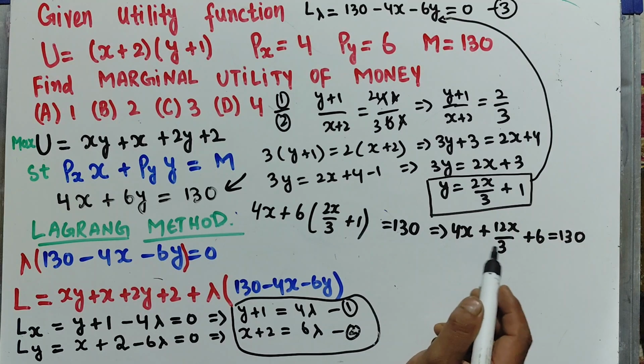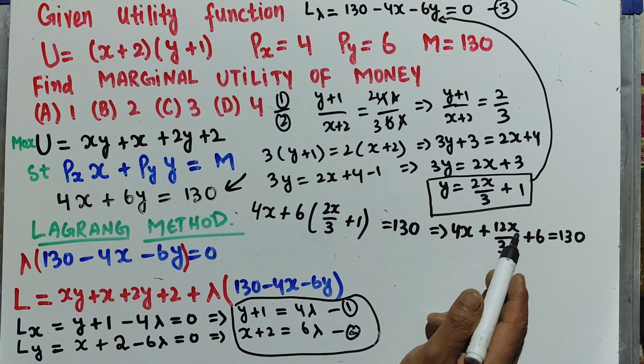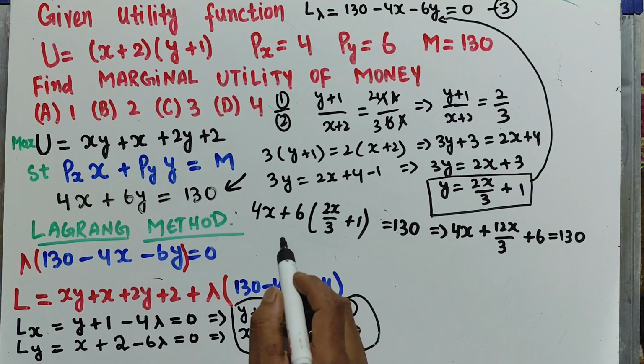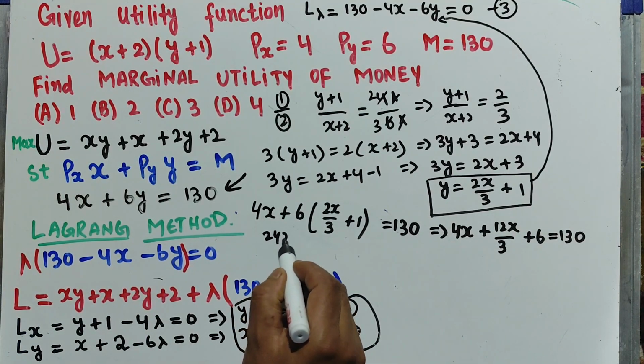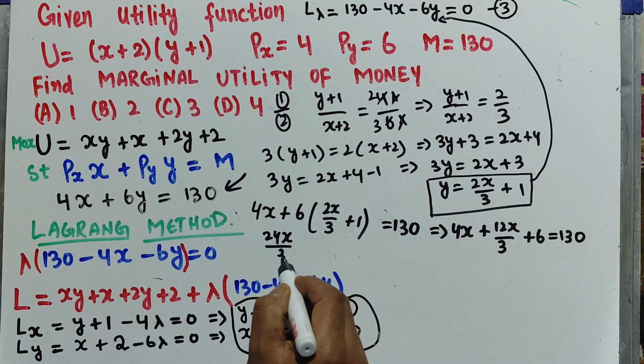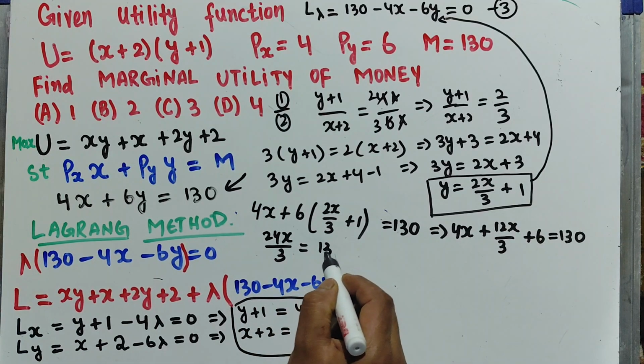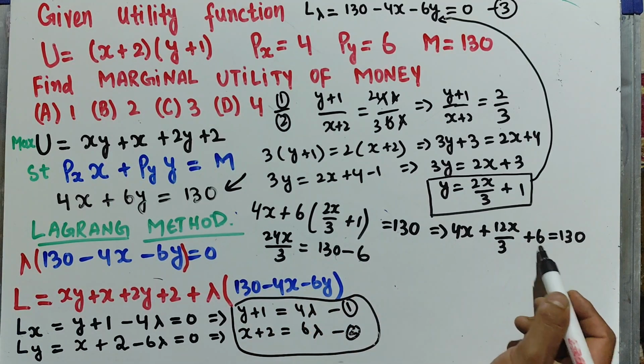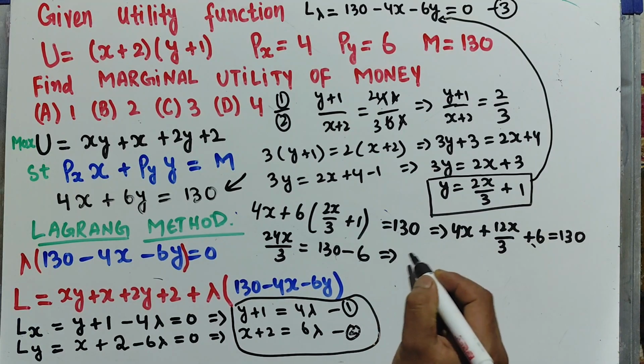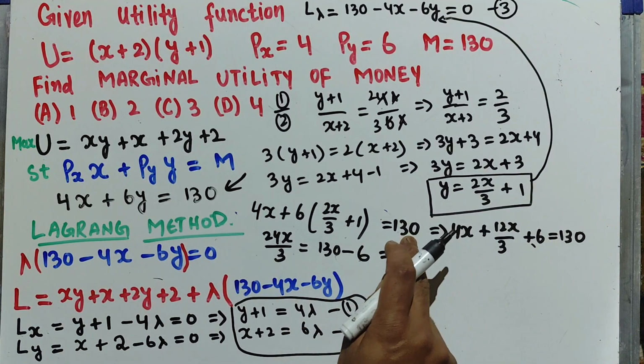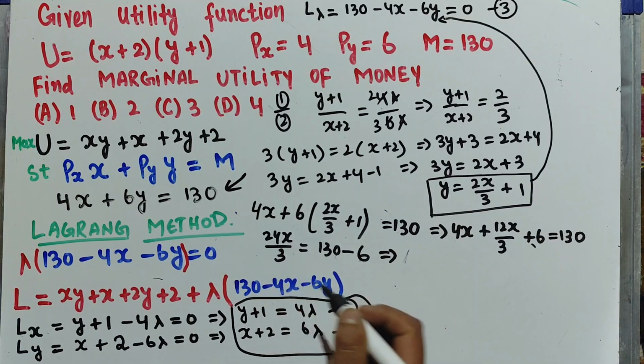4 3s are 12, so we get here 12x plus 12x is 24x, so 24x upon 3 is equal to 130 minus 6, transposing this, it gets subtracted, which implies 24 upon 3 means 8x.